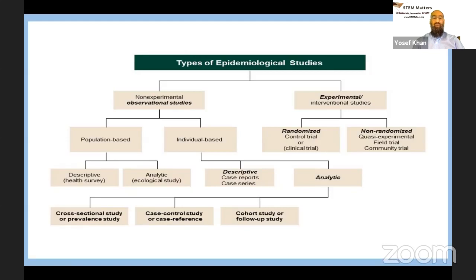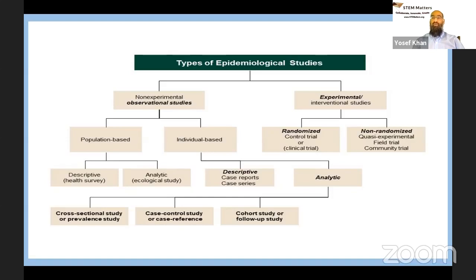In experimental studies, we as investigators, as researchers, as public health individuals are intervening and doing an interventional study. That interventional study may be randomized or not randomized. The gold standard in epidemiological research is the randomized clinical trial, where we are putting individuals on a random basis in two groups, testing out a new methodology, a new treatment.